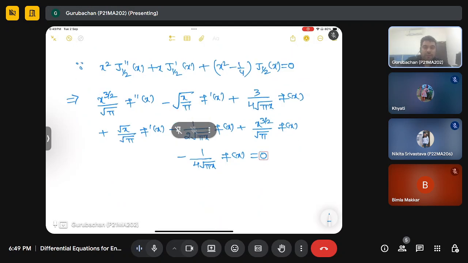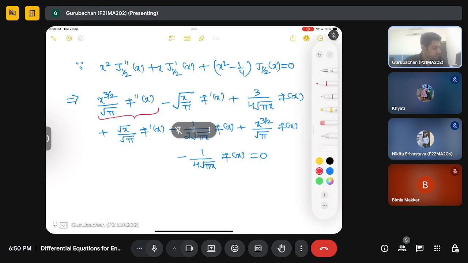Okay. Now we have to think which quantities, which powers are cancelling out simply. So let me use a different color. If you observe here, x to the power 3 by 2 is there, next to x to the power 3 by 2 is here, but here it is f(x), so we can leave it. Next is f dash x: if you can see here, root x by pi, similarly, this is positive sign, so these two will cancel out.